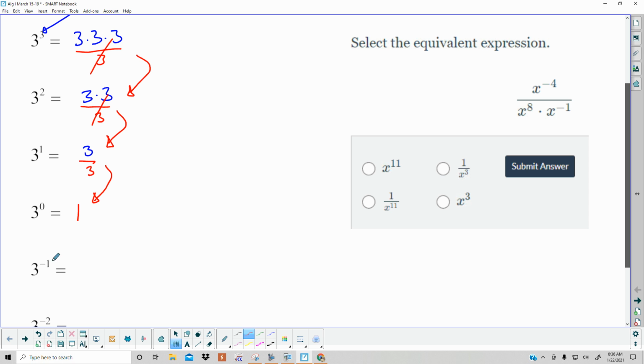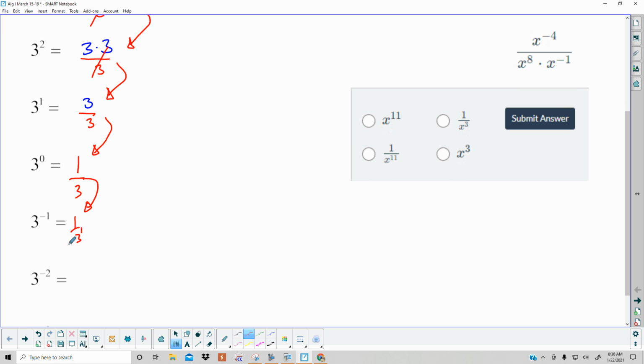Now, to get the next one below it, well, what does it mean to be raised to the negative 1? Well, I'm going to divide this by 3 to get this answer, which is 1/3. 3 to the first. So can you guess? When I divide this by 3, what do I get for that? It's 1/3 squared.